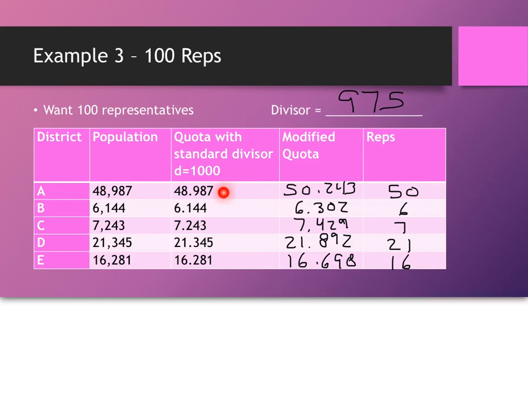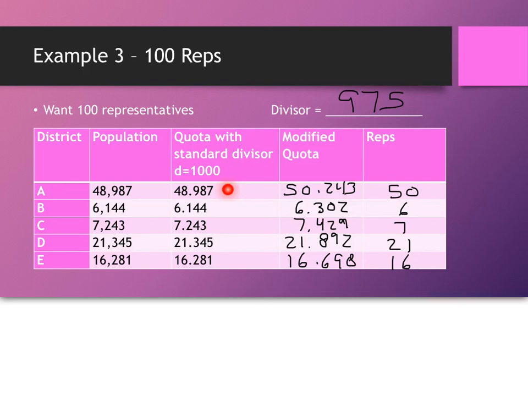Now, if we were going to do either the lower quota with the standard divisor, we'd get a 48. The upper quota with the standard divisor, we'd get 49. So you would hope that in any method, A would either get 48 or 49.